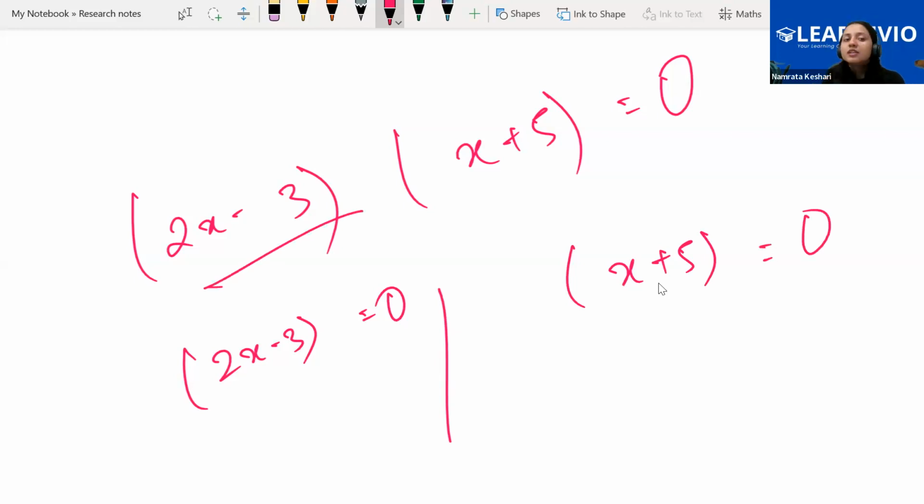So maybe the first term is 0, or the second is 0, or both are 0. From here only we get the x value. We are not using any formula or rule here. Logically, when the result of multiplying two terms is 0, these are the possible cases. Getting it?